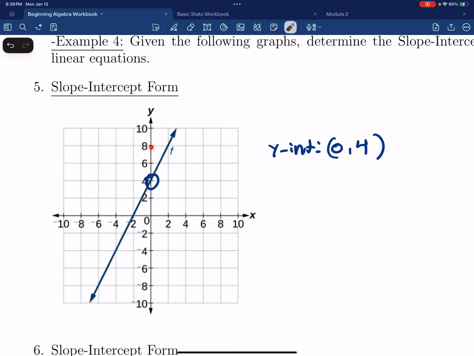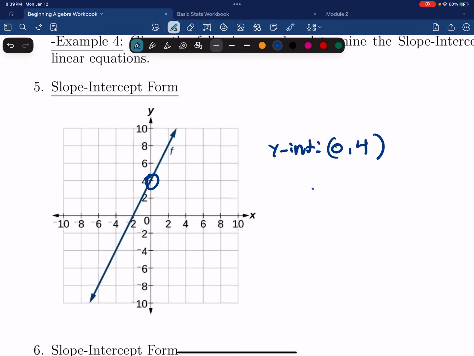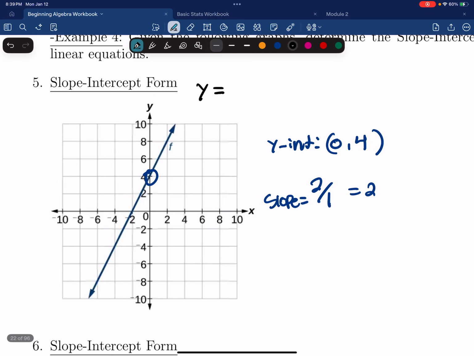So we're going to have a rise of 2, and we're going right by 1. So our slope equals 2 over 1, or in other words, 2. So using this information, our linear equation is going to be y equals mx, and our m is our slope, so it's going to be y equals 2x, and then our y-intercept is at (0, 4). So it's going to be y equals 2x plus 4.